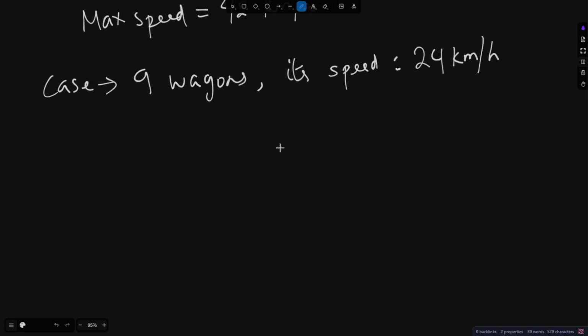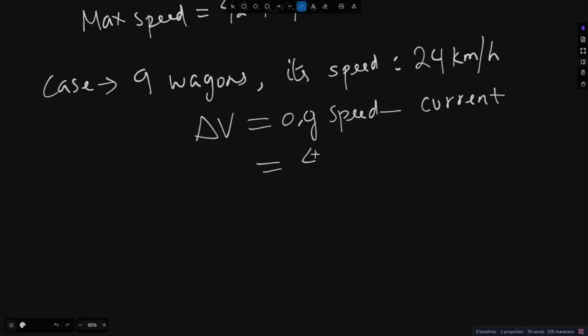From here, we can find out the delta V, which is the original speed minus the current speed. Original speed was 42 and current speed is 24.